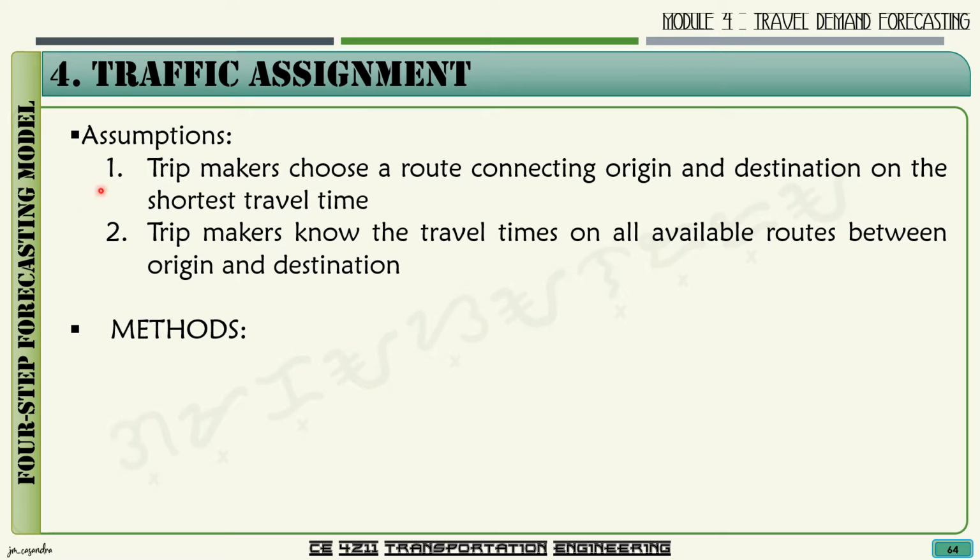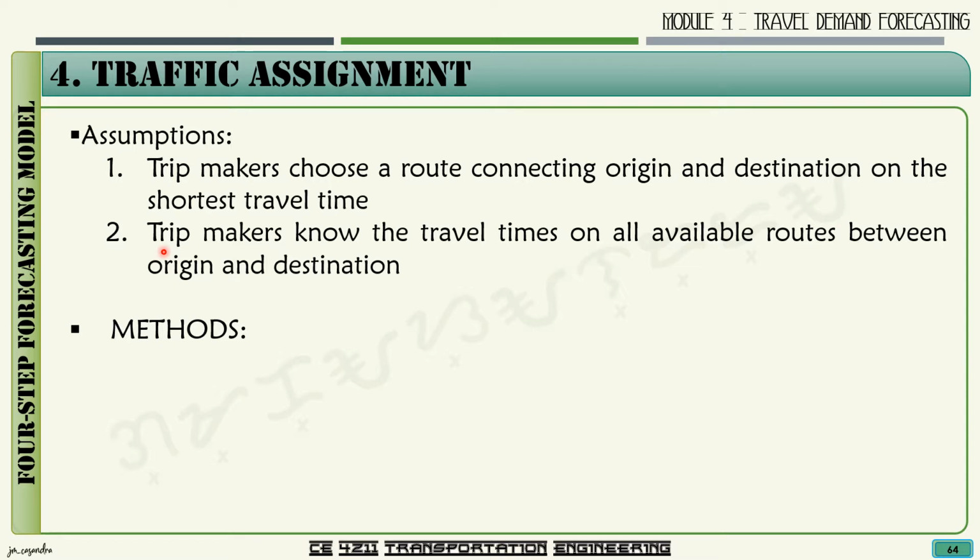So that's number 1. Also, as a trip maker, I will know which of all the available routes will have which travel times. So if I have Route 1, for example, alam ko na 10 minutes ang biyahe doon.